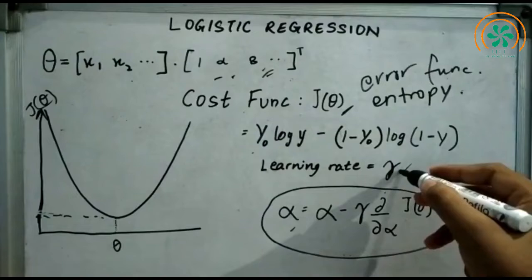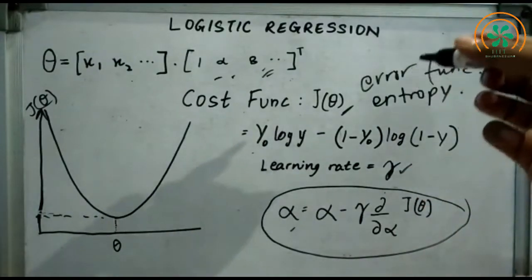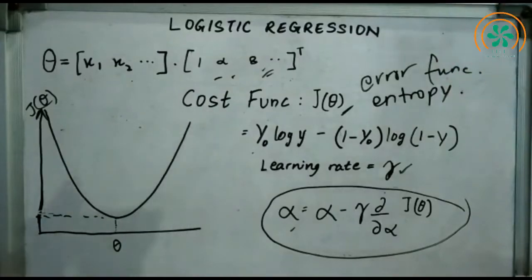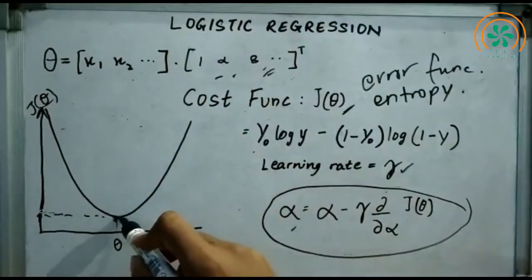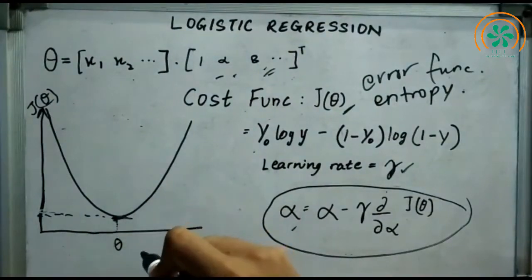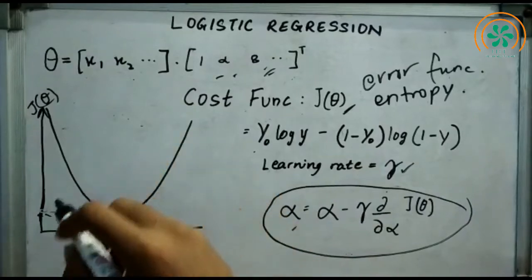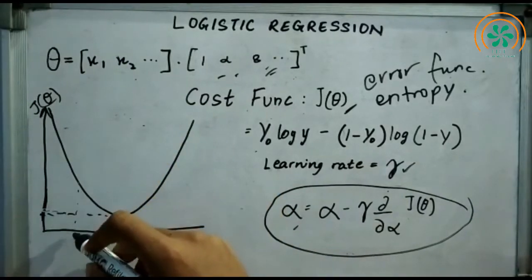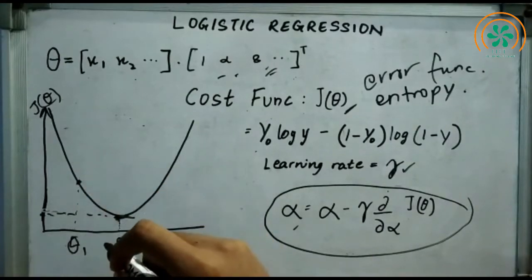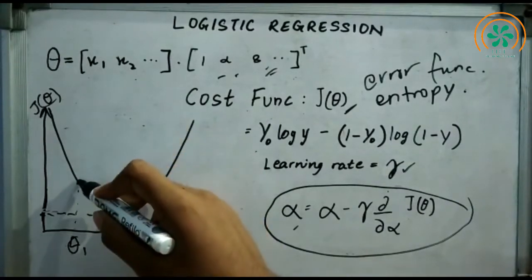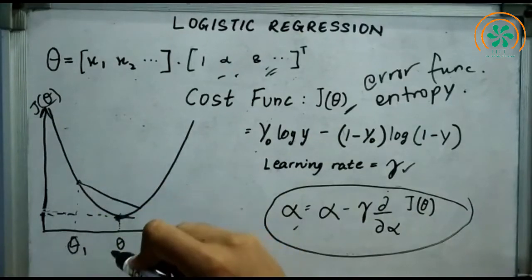The learning rate here decides how quickly and how accurately you can minimize the cost function and hence optimize the model. Here is, let's say, a graph of the cost function, and this is the minimum value of the cost function that can be achieved. If the learning rate gamma is too high, the solution to this problem will overshoot and will never reach the optimum value.